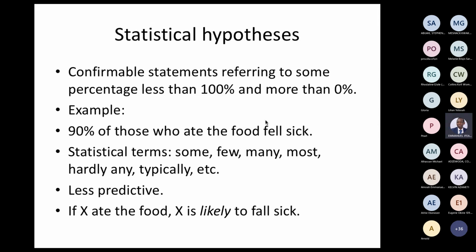Now, look at some statistical terms: some, few, many, most, hardly any, typically. Statistical hypotheses are less predictive. For instance, if X ate the food, X is likely to fall sick. You wouldn't say X fell sick.